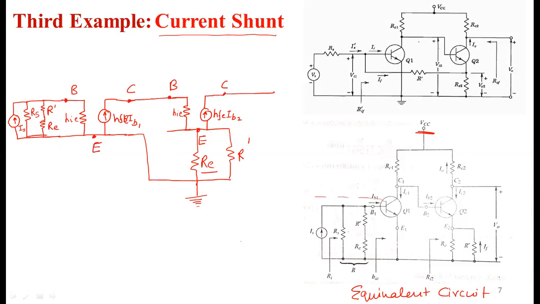So here we have the output. This R dash we have drawn here, and this RE we have drawn here, and the parallel combination of RE and R dash, which is connected to emitter of transistor 2, and we have connected here.